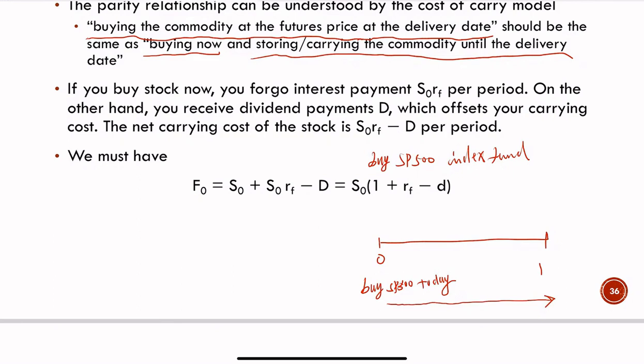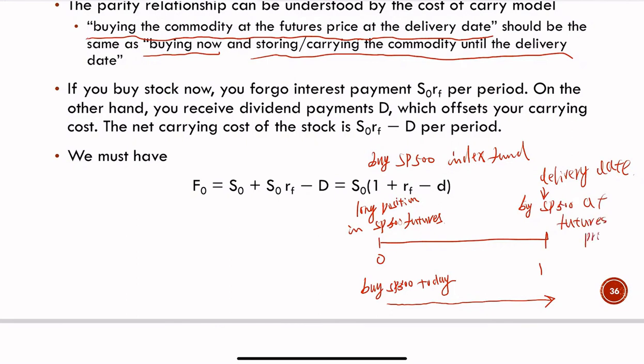Or you could just take a long position in SP 500 futures, and you will wait, and on this delivery date, you will buy this SP 500, of course, at the futures price. So these two approaches should give you the same payoff, right?